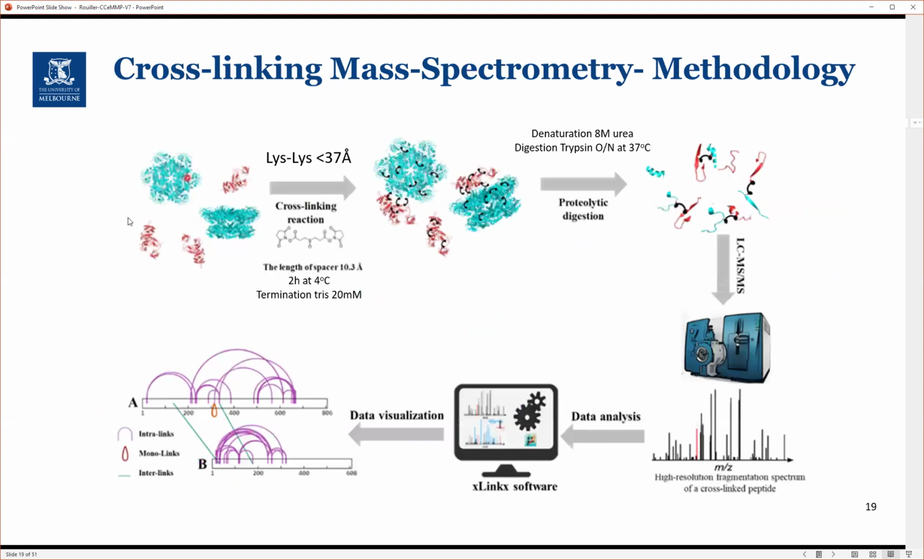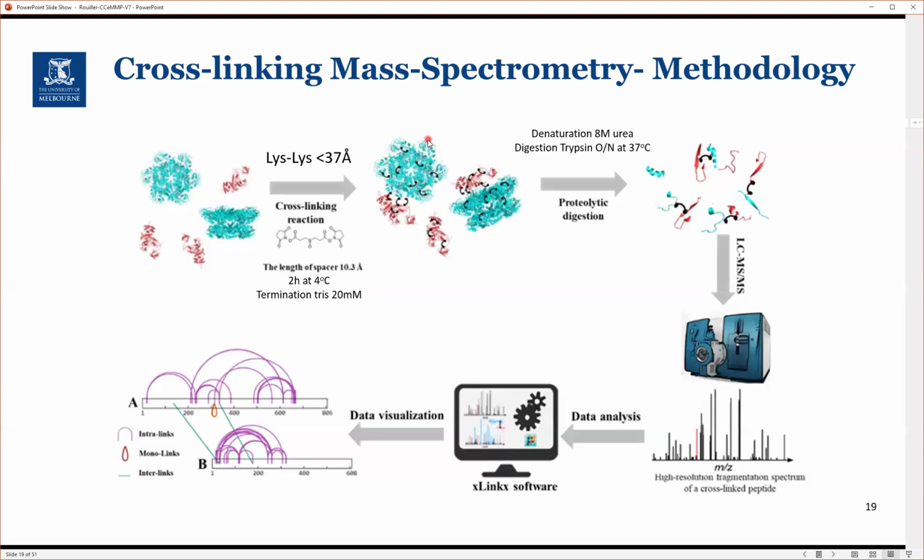So I'll explain cross-linking, the methodology of cross-linking mass spectrometry. You get your protein in solution, then you incubate it with a linker. So she used the SSO, a linker of about 10.3 angstrom.